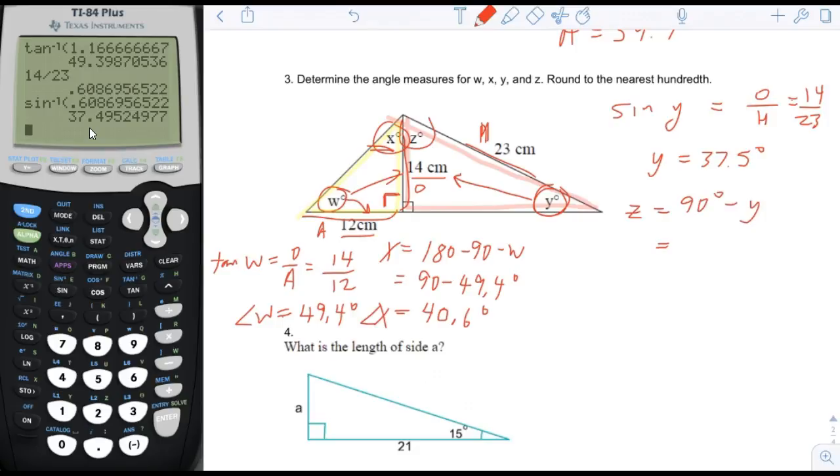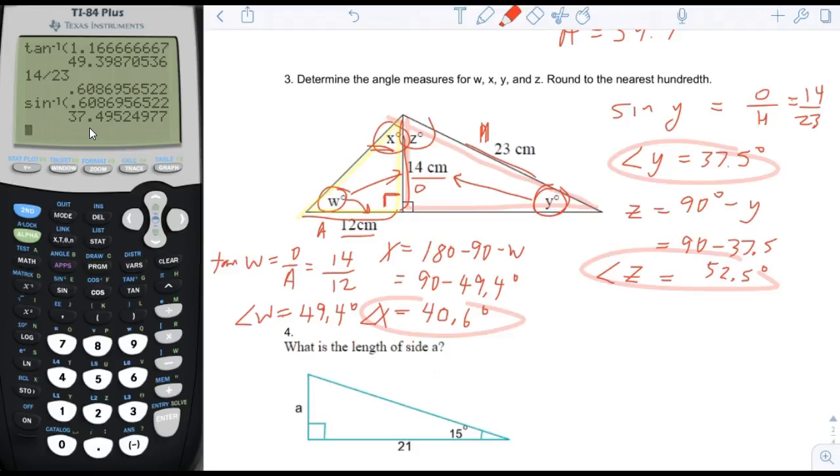Because the three angles are going to add up to 180 degrees, and one of the angles happens to be 90. So 90 minus 37.5 is going to give me about 52.5 degrees. Okay, so that's angle Z. Angle Y is that, okay? So we got this, we got this, we got this, we got this.